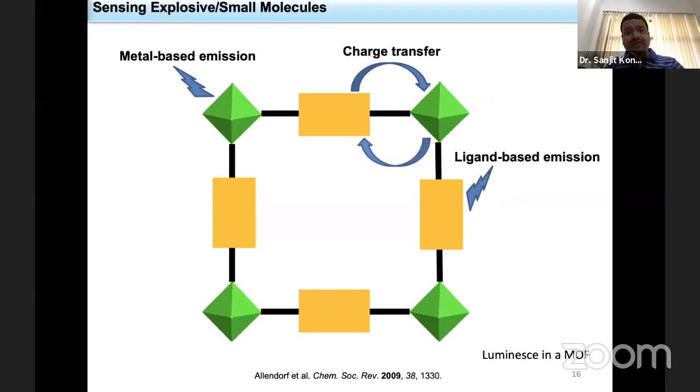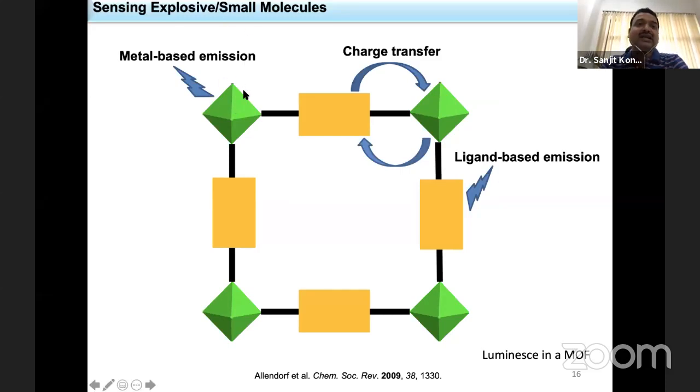Let me explain why any metal organic framework or any chemical gives you color. The color can be due to some charge transfer. The charge transfer can be from ligand to metal or metal to ligand, known as LMCT or MLCT.